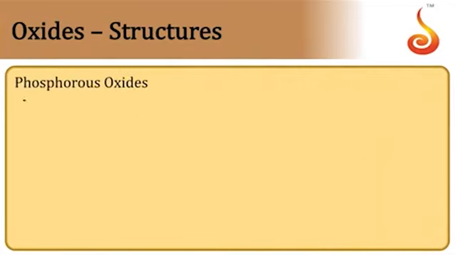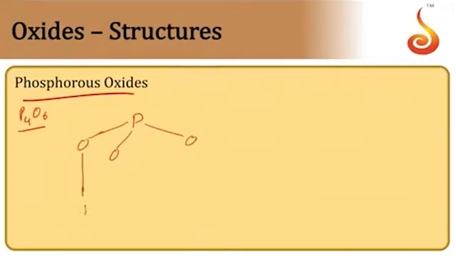When it comes to phosphorus oxides, say trioxide of phosphorus, it has a P4O6 structure. So phosphorus, then oxygen atoms, tetrahedral, and again phosphorus here, phosphorus here, and between these two one more bond is present.